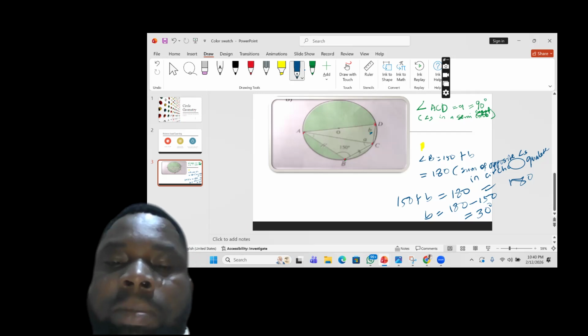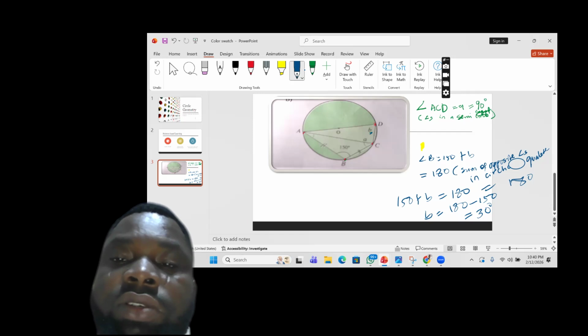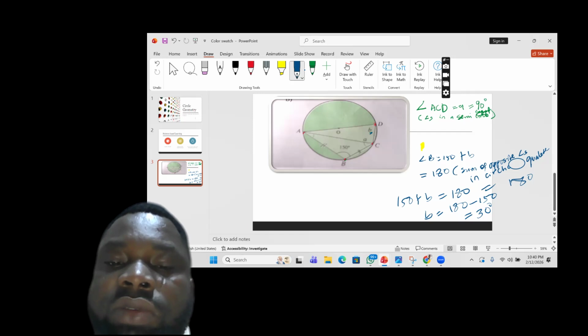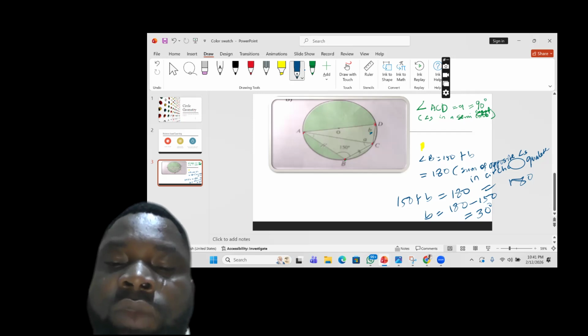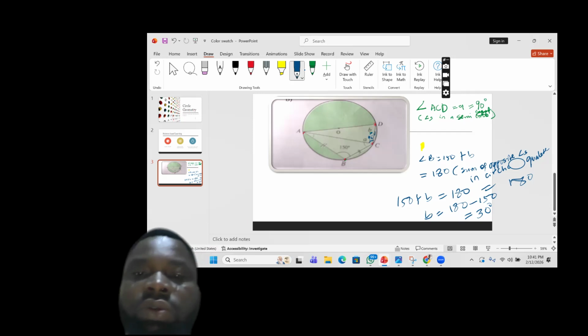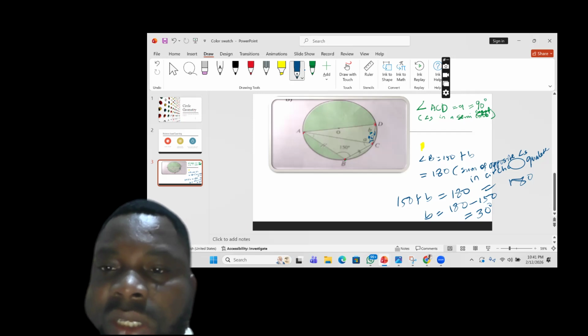Or you can also use the rule that the angle at the center is always 2 times the angle at a point, since we have an angle on a straight line. So anytime a diameter, which is a 180 degree angle on a straight line, forms an angle to a point, that angle must be 90 degrees.